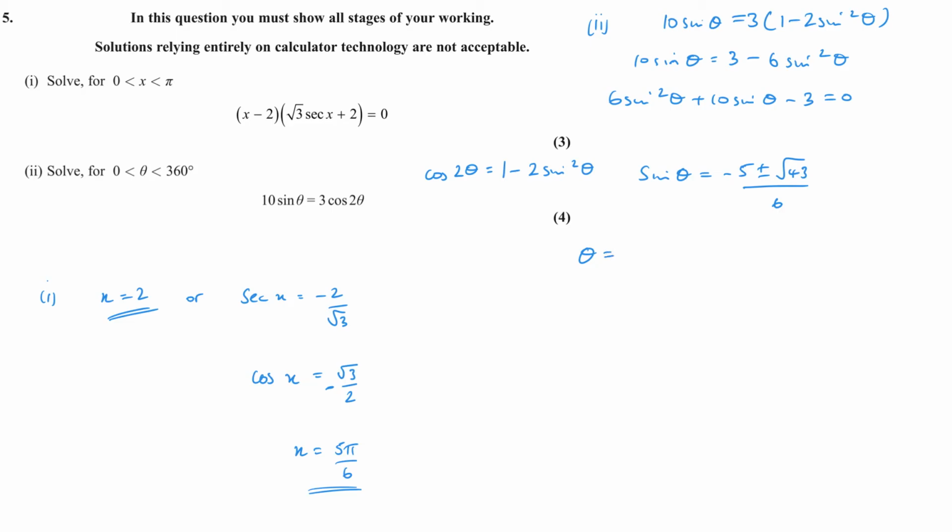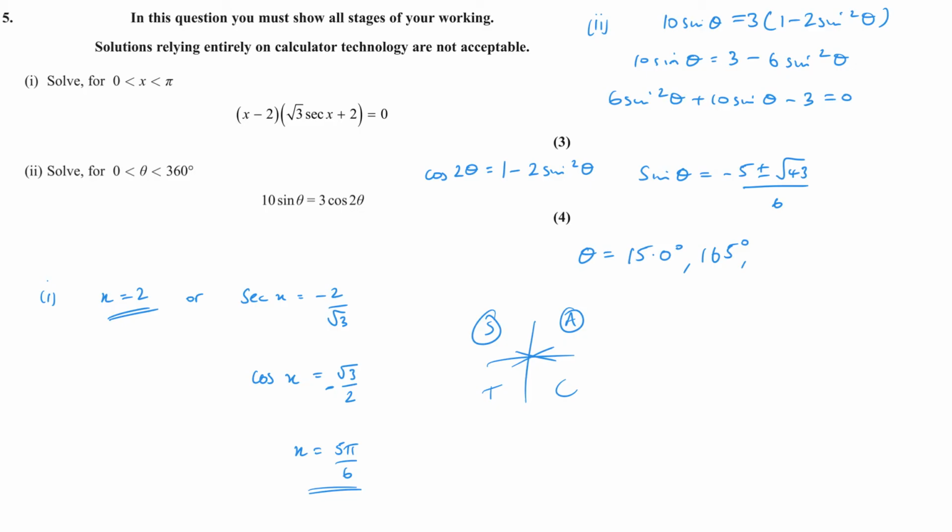The positive value gives me 15.0 degrees, and that's that one in the CAST diagram. The next place that's positive is there, so it's 180 minus that, so it's 165 degrees there.